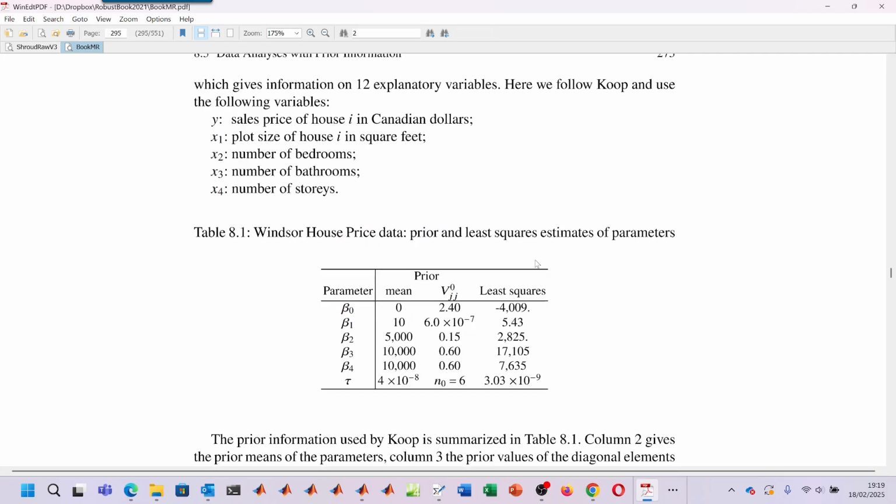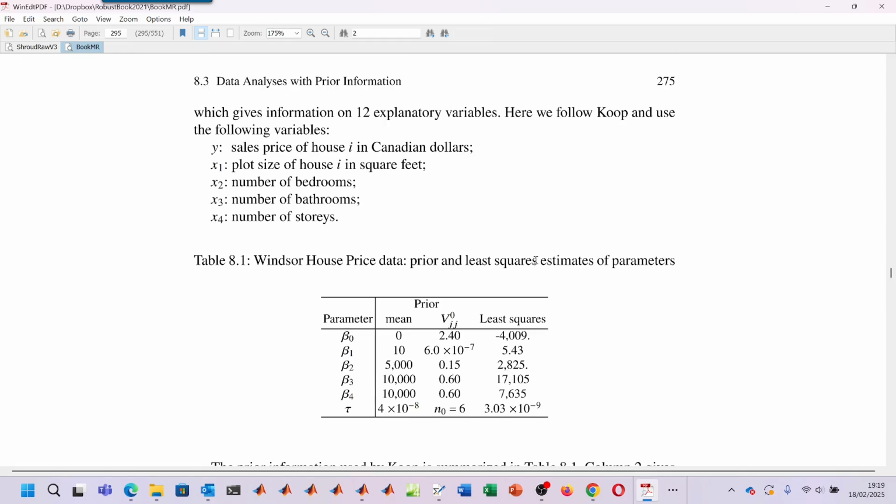We start with the analysis of some data on the price of houses in Windsor, a city in Canada. The data are the sales prices of 546 houses. The full set of data, for which we give the reference to where it can be found, gives information on 12 explanatory variables. A Bayesian analysis of these data was given by Koop, who used 4 variables.